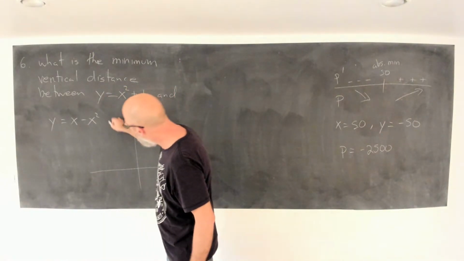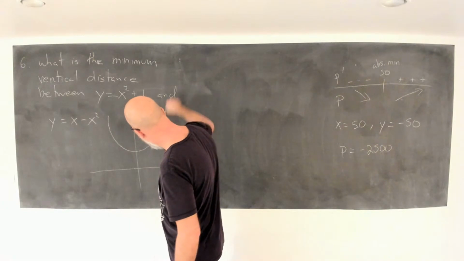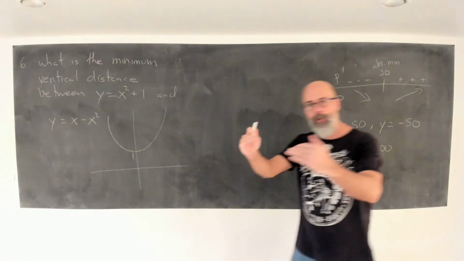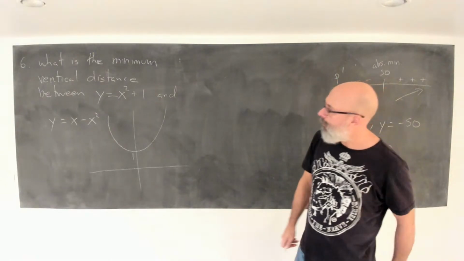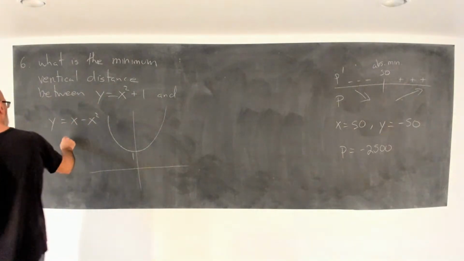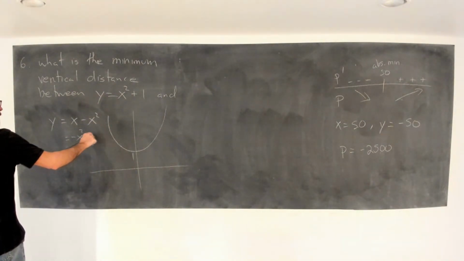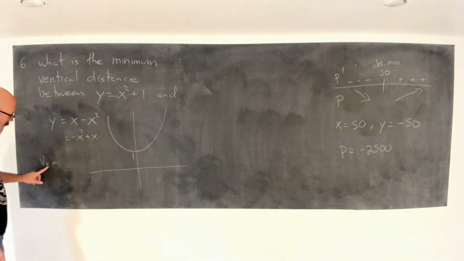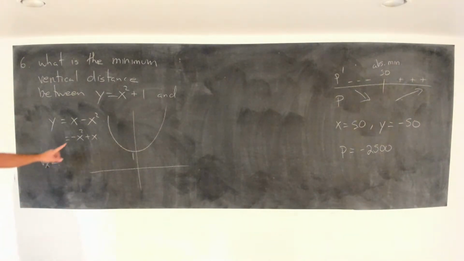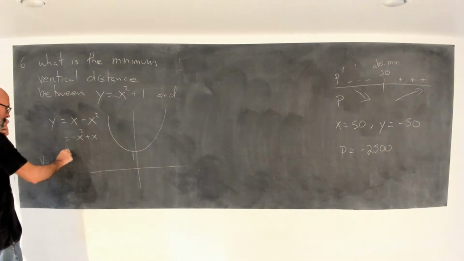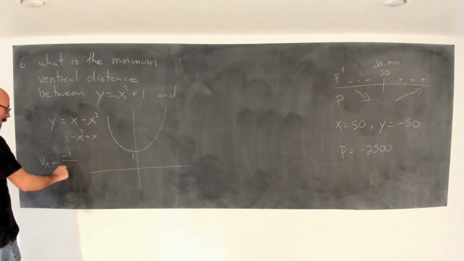You know what this looks like, right? Parabola. It's y equals x squared, but just moved up by 1. And then this parabola, which is negative x squared plus x, has x coordinate of the vertex negative b over 2a.